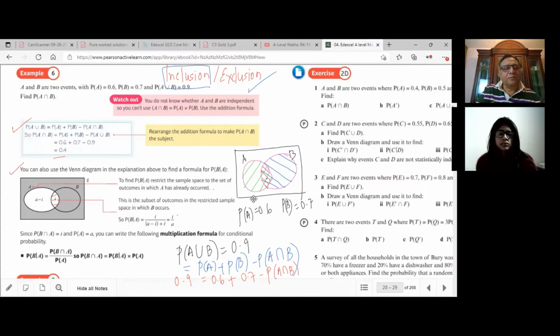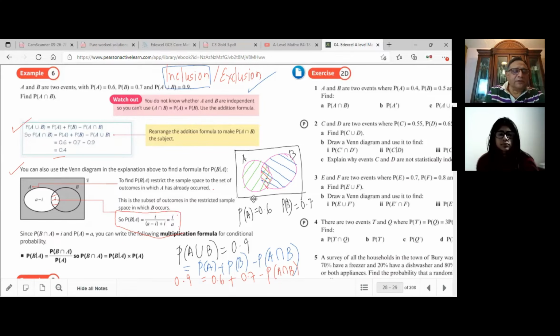And so probability of B will now be only that intersection part over the sample space, which is restricted to the sample space of A. And so you get this formula, correct? This is correct. We actually applied this formula earlier also to find probability in many conditional probability examples, correct? Yeah.